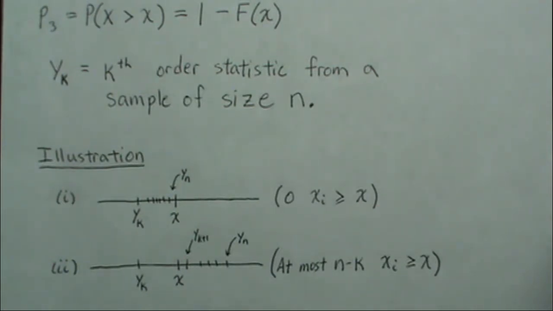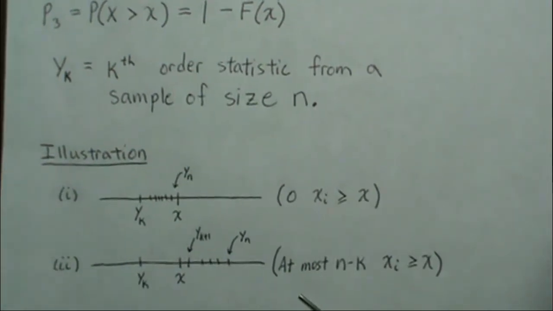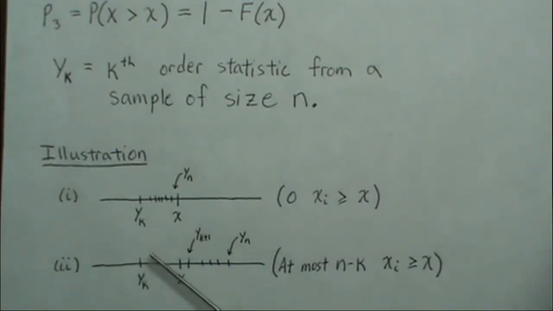Okay, so this next illustration, I think, is maybe a little silly, but I think it's key to understanding how to calculate these probabilities for the kth order statistic. So I'll give the two extreme cases here. We're going to try to find the probability that Yk, the kth order statistic, is less than some value x. Okay, so Yk being less than x doesn't say anything about the n minus k other order statistics bigger than Yk.